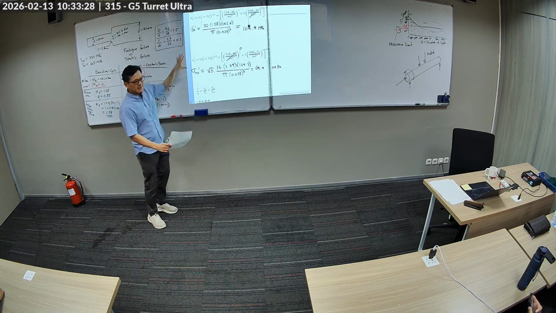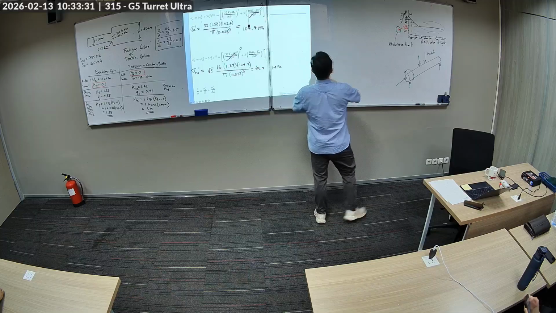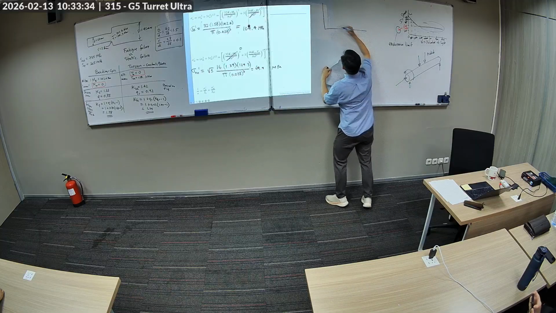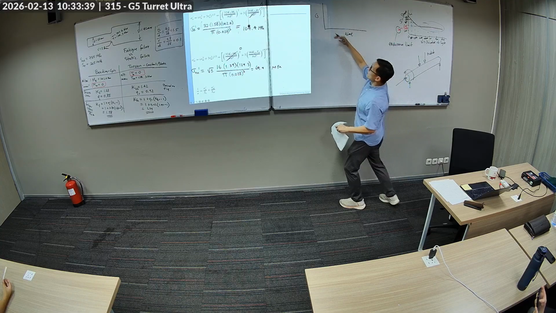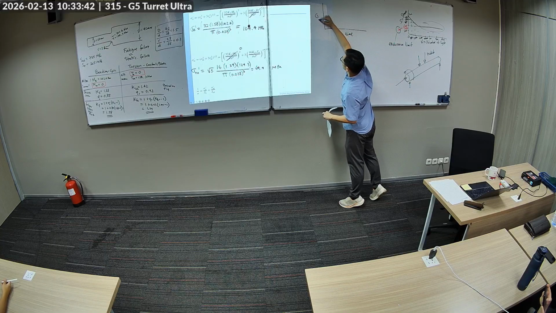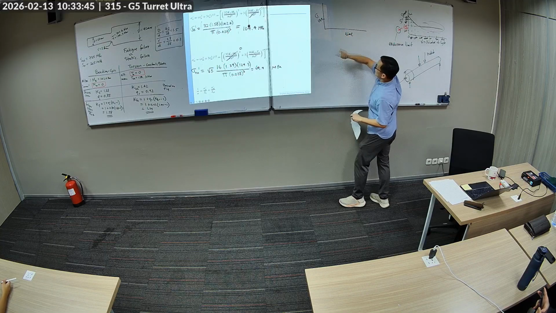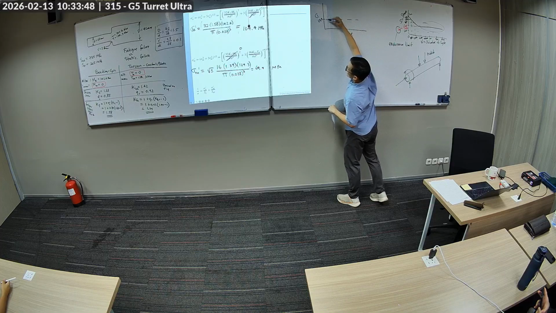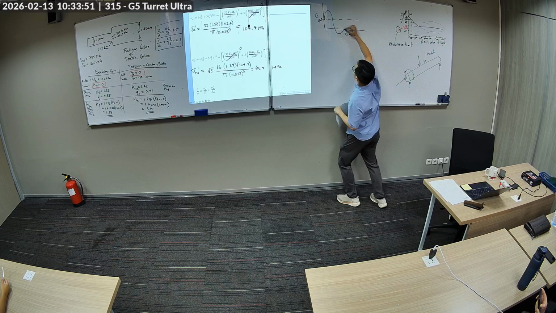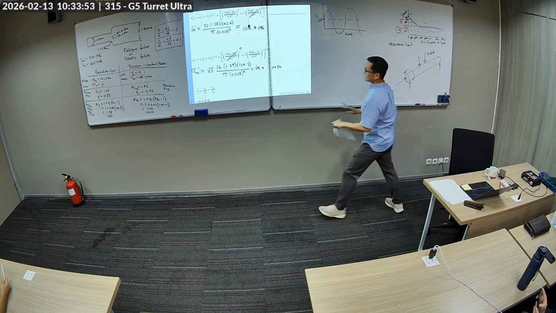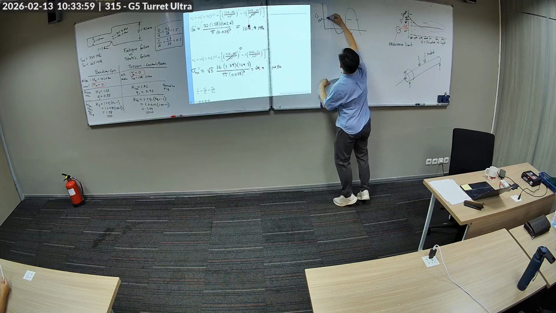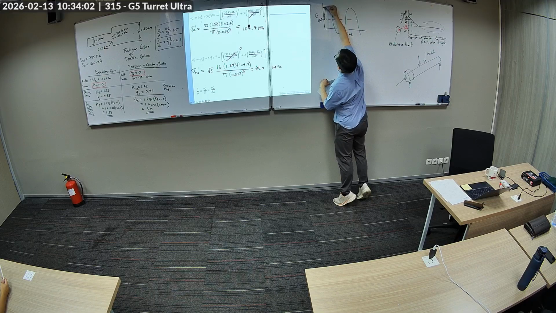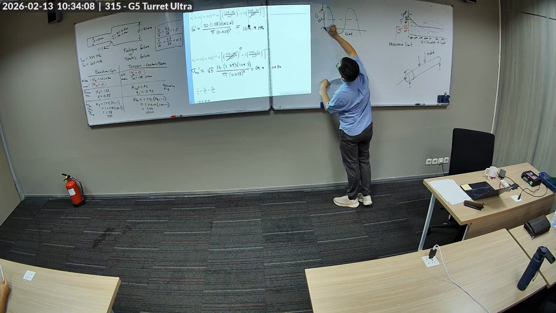Now, what does this mean? This means that if I draw the graph of stress versus time, there is a mean component to this, which is 69.4, and plus and minus, that's not symmetrical. So think about it this way. At the peak, this is plus 104, minus 104.